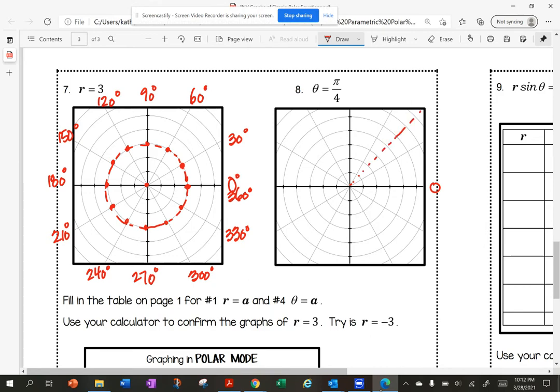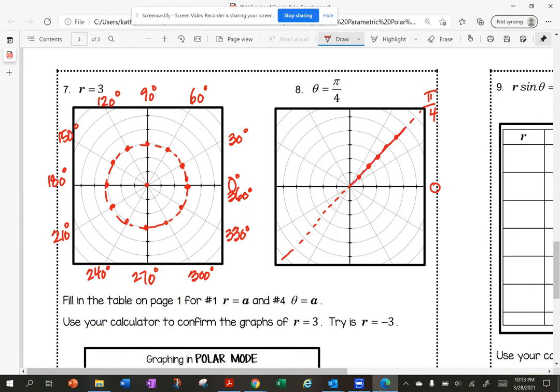So pi over 4 would be this angle here. So whereas number 7 says I'm specifically 1 radius at all angles, this one is saying I'm all radii at 1 angle. So at 45 degrees, I'm the radius of 1, radius of 2, radius of 3, and all the angles.